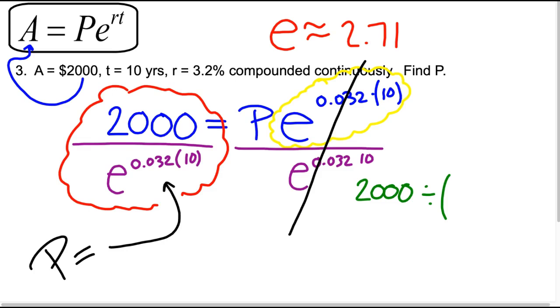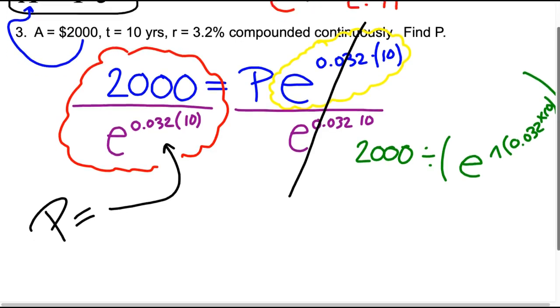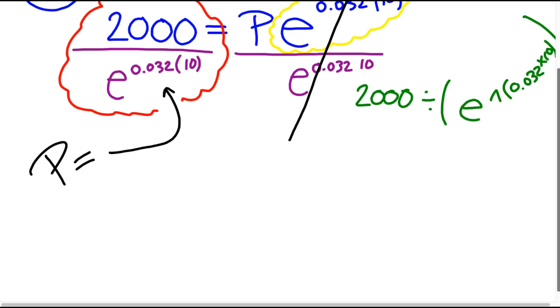And then you hit the e to the x button, and so that would be e to the power of, and then you might want to put in parentheses there 0.032 times 10 parenthesis. That's why the TI Inspires are kind of nice because the way you write it out is the way you type it in, because you can do a blank fraction. But otherwise, you got to get the parentheses going there. So now you should get an answer of, what did we get?